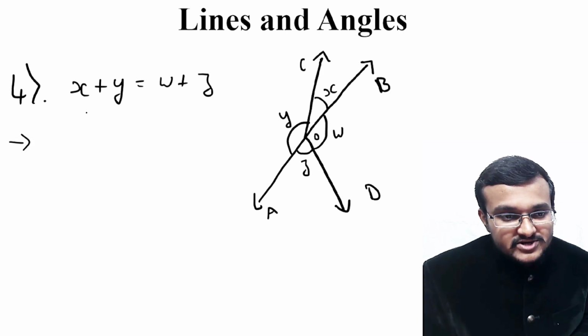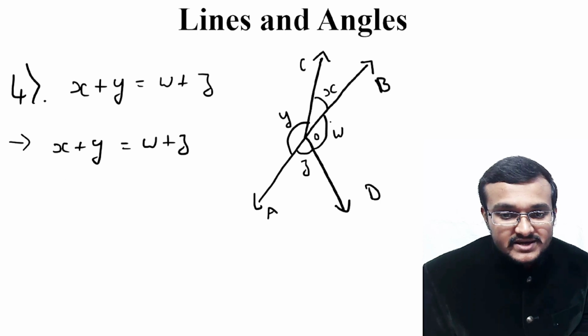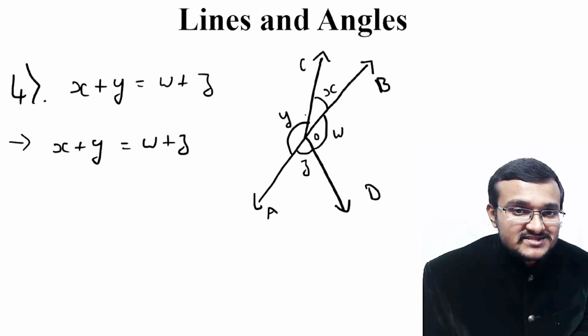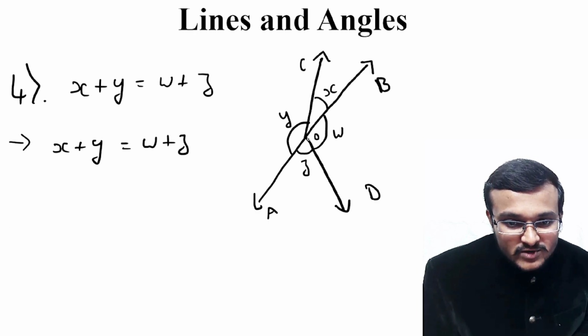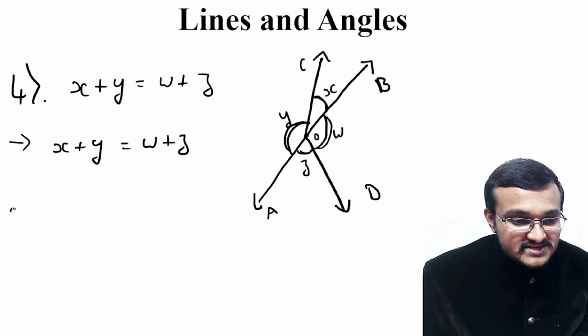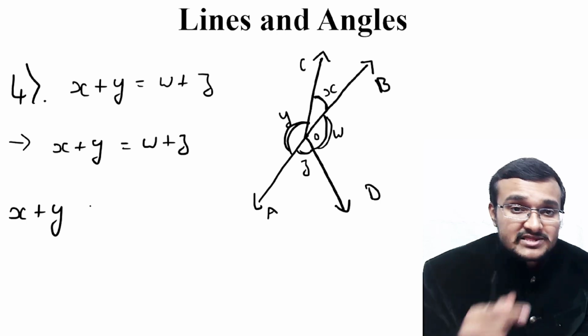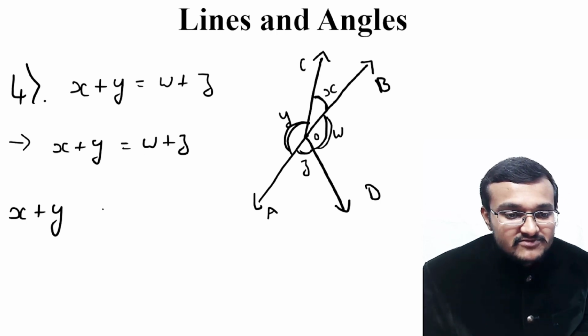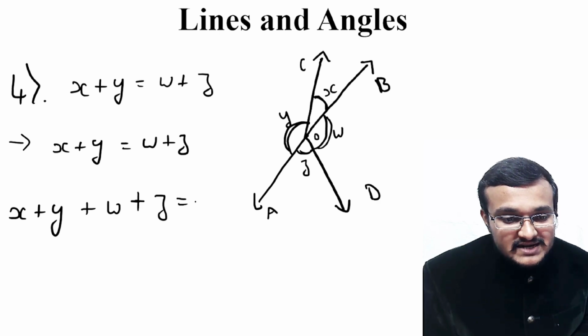We will take the data which they have given, that is X plus Y is equal to W plus Z. Now, the sum of all the angles at a point you can consider as 360 degrees, because here one point is there and we have four angles, and if you add all these four angles it will be equal to 360 degrees. So X plus Y plus W plus Z is equal to 360 degrees.